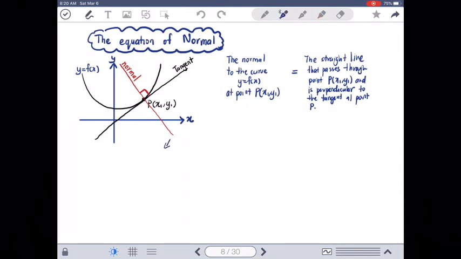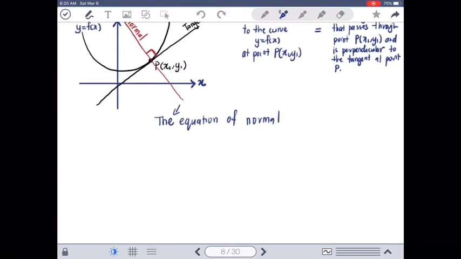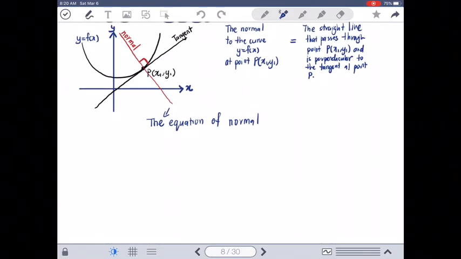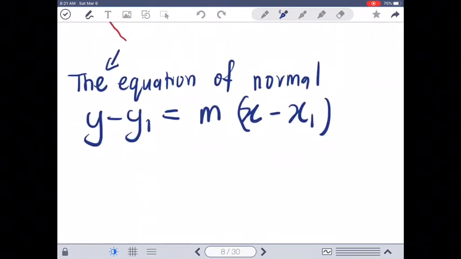If you want to find the equation of normal, and obviously normal is also a straight line, what we need to do is use the formula for the equation of a straight line, which is y minus y1 equals m times (x minus x1), such that our m is not the gradient of tangent, instead it's the gradient of normal.